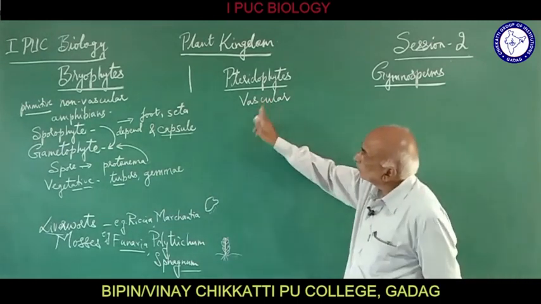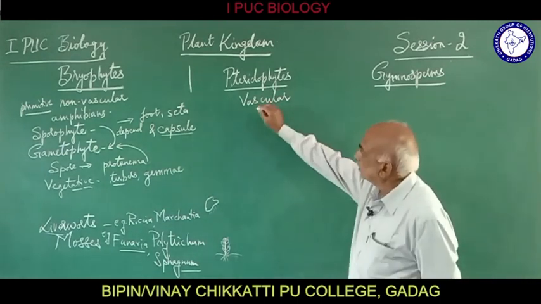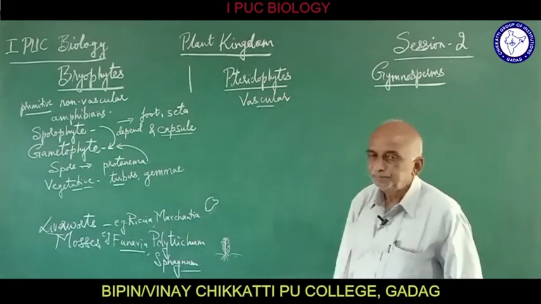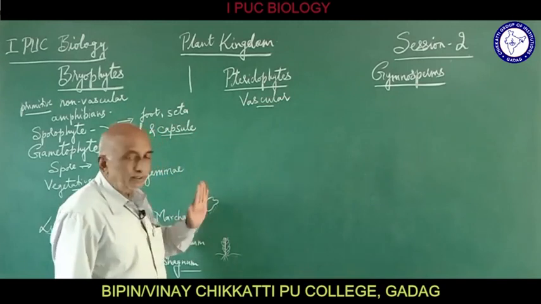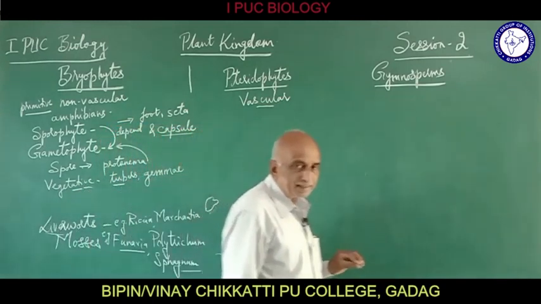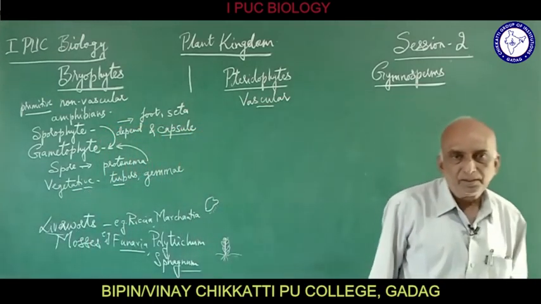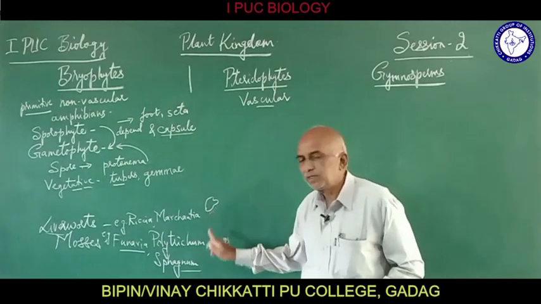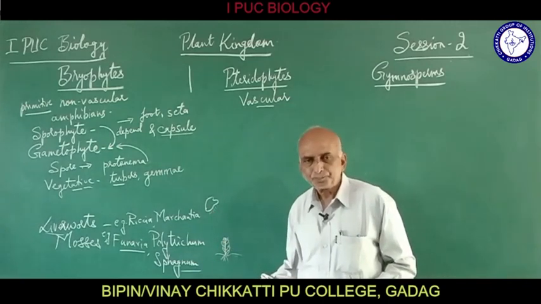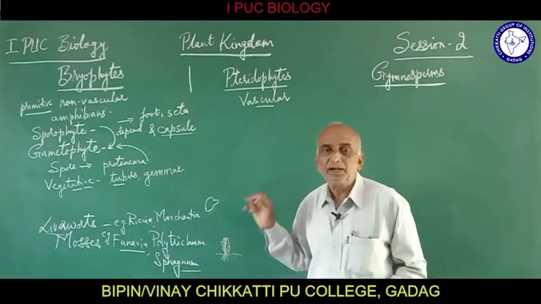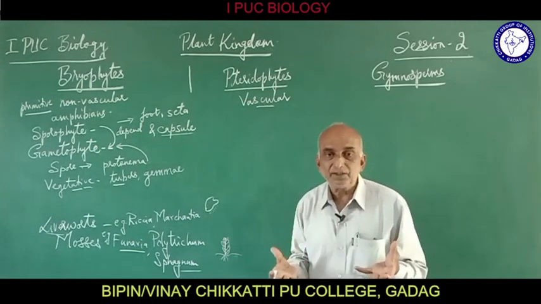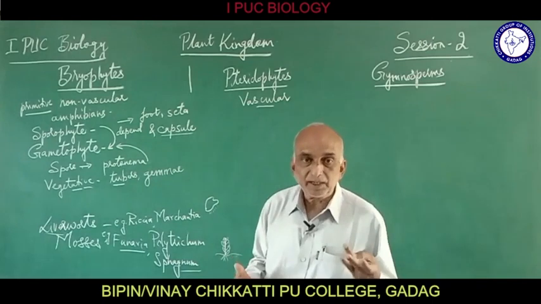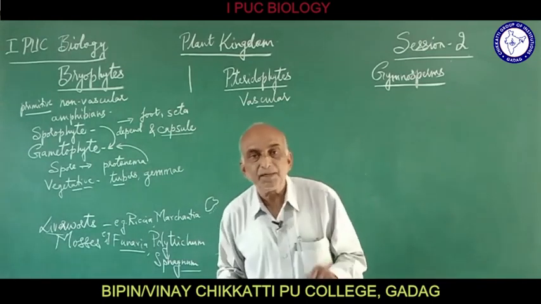Now coming to the pteridophytes, these are vascular, so these are developed plants, and there is no thallus here. As the vascular tissues were absent in the others, the body is not well developed, so it is not differentiated into true root, stem and leaves.